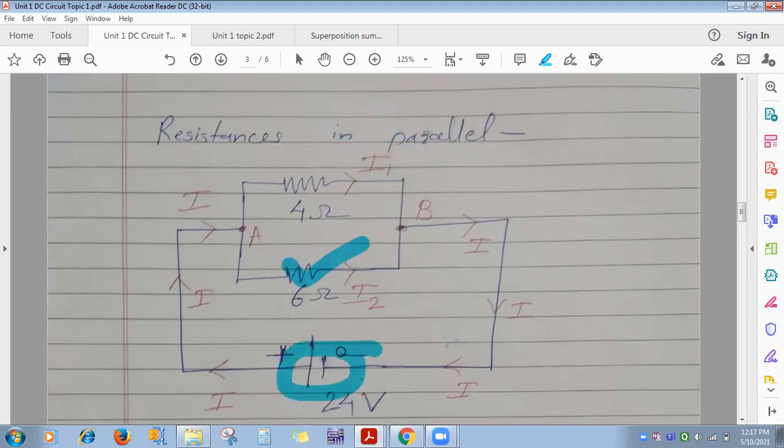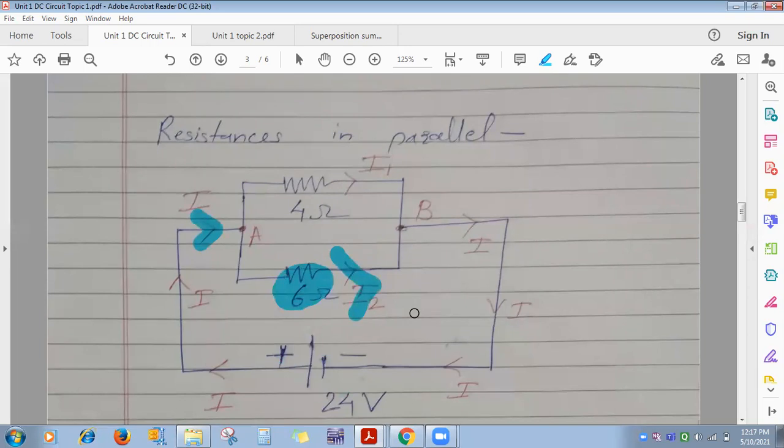What is the conclusion? When two resistances, or any number of resistances, are connected in parallel, the voltage drop across the parallel connected resistances is the same. But what about current? You can see different current will flow. The more the value of resistance, the lesser current will flow through it.